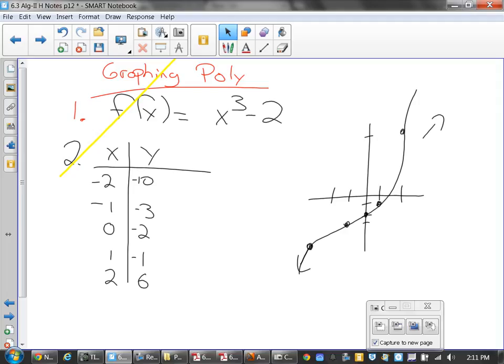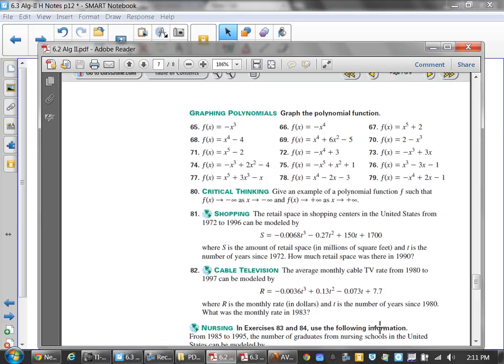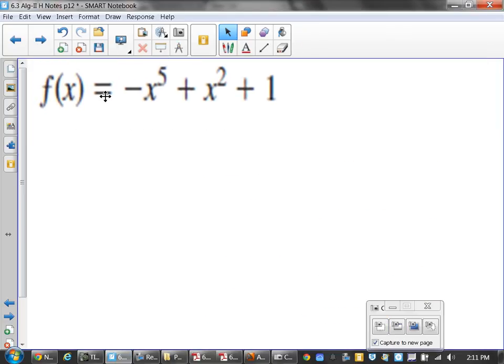Same idea as we get into some of the larger degree polynomials. If I'm looking at f of x is negative, here's how I want you to write this. Anytime you have a first term that's negative, and it's not like negative 2 or negative 3, if it's just a negative symbol, do me a favor. When you write this down, put negative 1 in parentheses, x to the 5th, x squared plus 1.